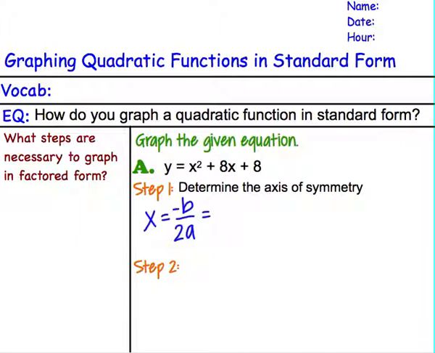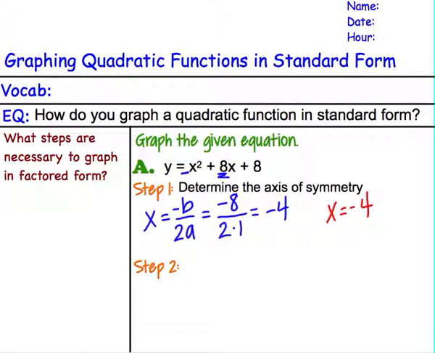And if we look here, our b is 8, so opposite of b would be negative 8, over 2 times a, which is not written there, so therefore is 2 times 1. 2 times 1 is 2, negative 8 divided by 2 is negative 4. So therefore, our axis of symmetry is x equals negative 4.